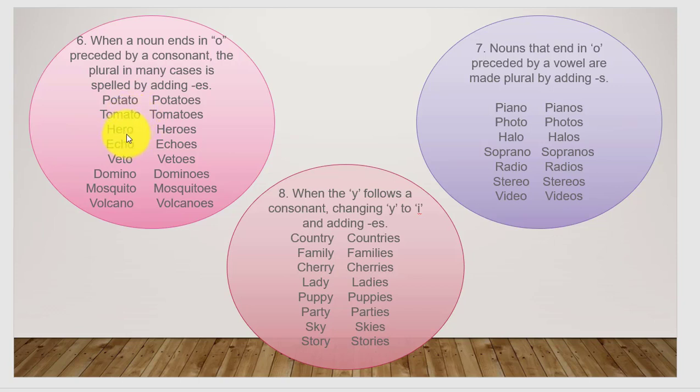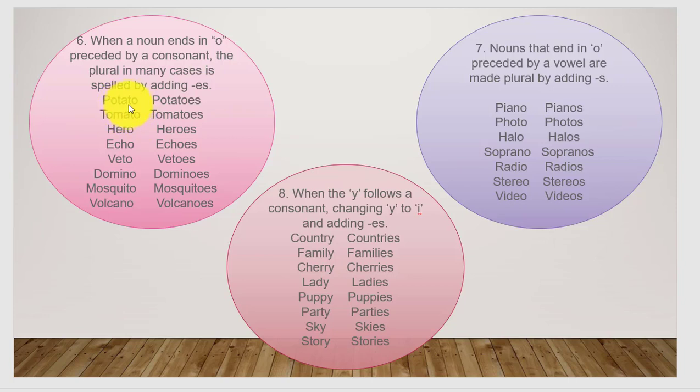O is preceded by R, which is a consonant. O is preceded by H, which is a consonant. Similarly, T-O, N-O. So if O is preceded by a consonant sound, the plural in many cases is spelled by adding es. In that case, we add es to get its plural.